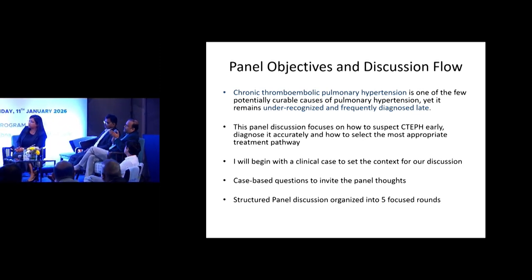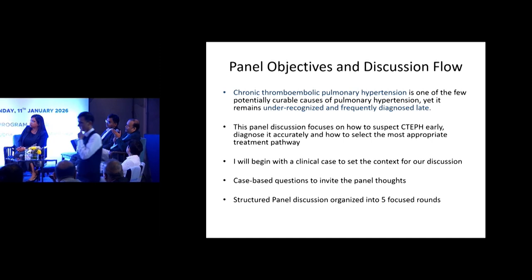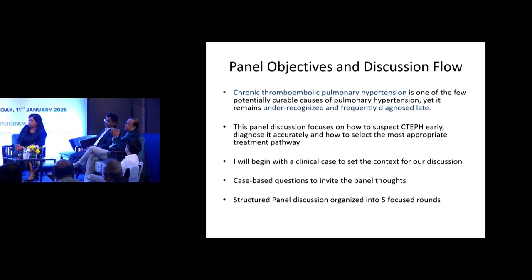So any pressure more than 50, and at presentation more than 70 to 80, should raise a suspicion of underlying chronic vascular disease, like recurrent pulmonary embolism in the past, and we should suspect CTEPH and then proceed with further investigation.